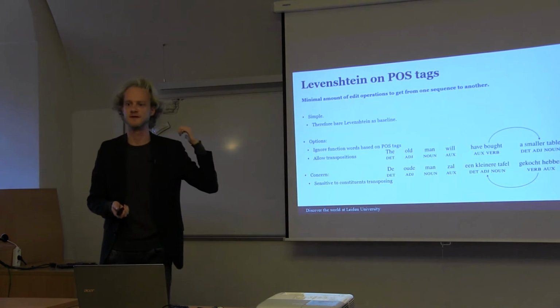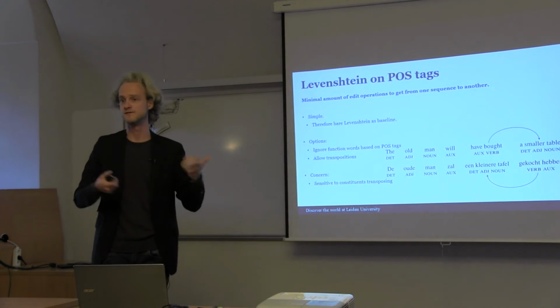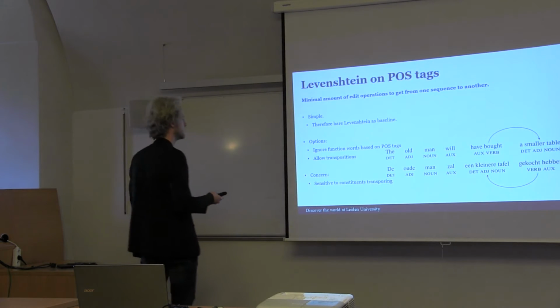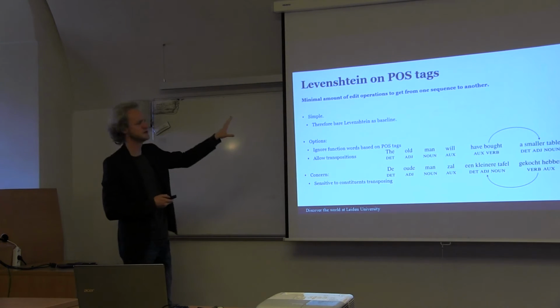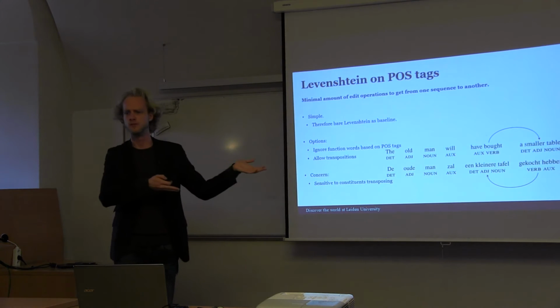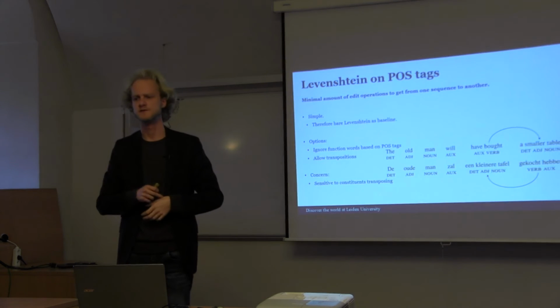If Levenshtein doesn't know that the phrases are moving around, the edit distance will be 4. If it does know, it will be 2, right? So this is really a bit of a concern with the Levenshtein distance. And then this approach gives us a value below or beyond which sentences should not be considered syntactically comparable.